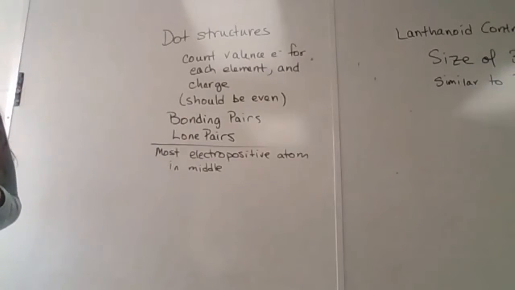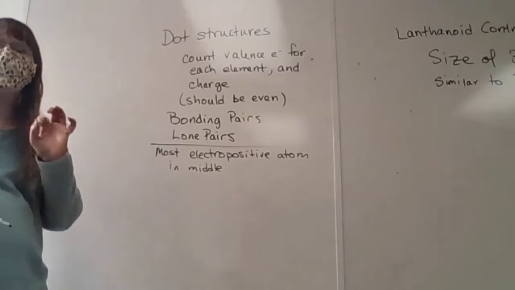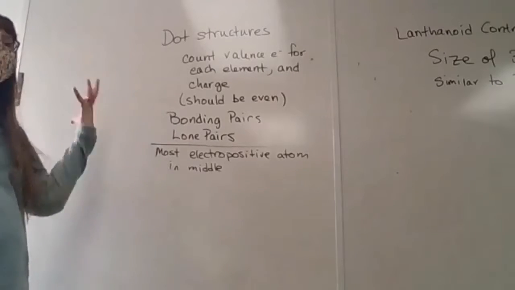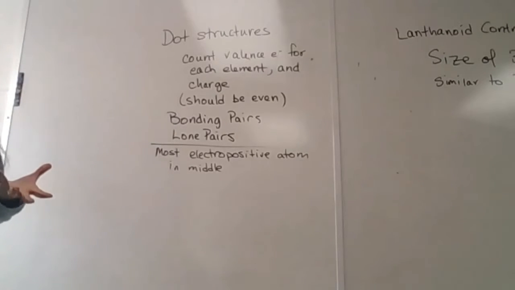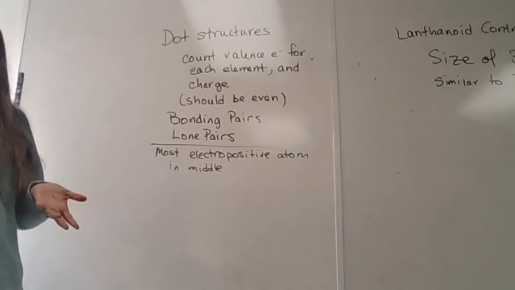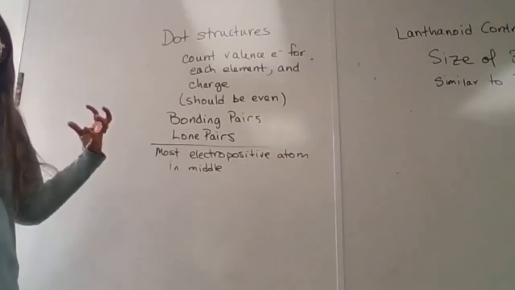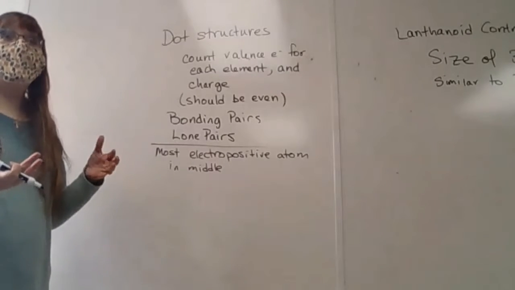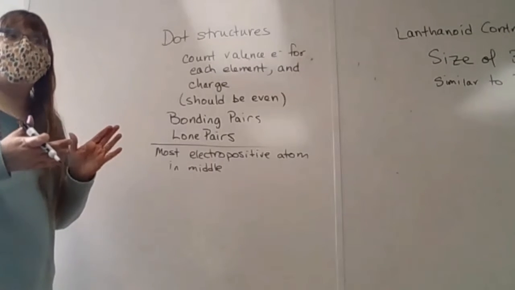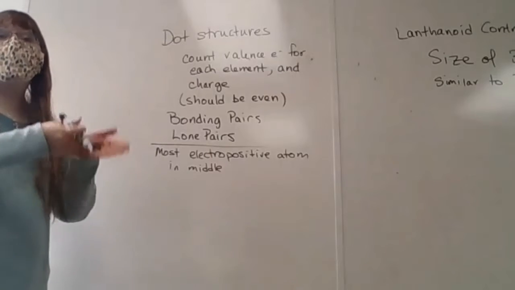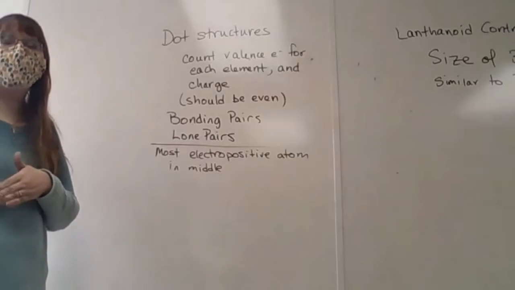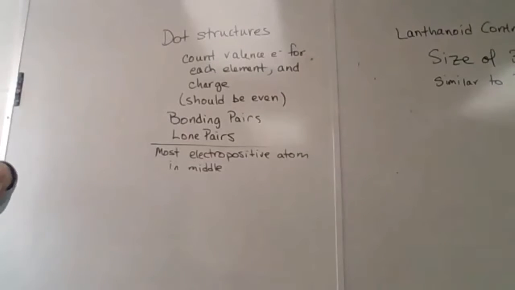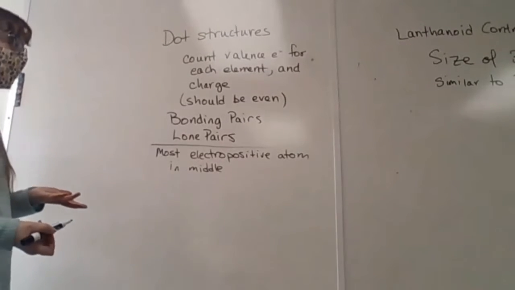Now, what we generally focus on in freshman chemistry is where we have just one central atom. And so we sort of surround that atom with everything else. But as you know from organic chemistry, we can kind of have chains. And so usually if I'm trying to get to a dot structure, instead of just putting the formula in terms of here are all the carbon atoms, here are all the hydrogen atoms, and so forth, you'll either have a line drawing or you'll have what's called a condensed structural formula.